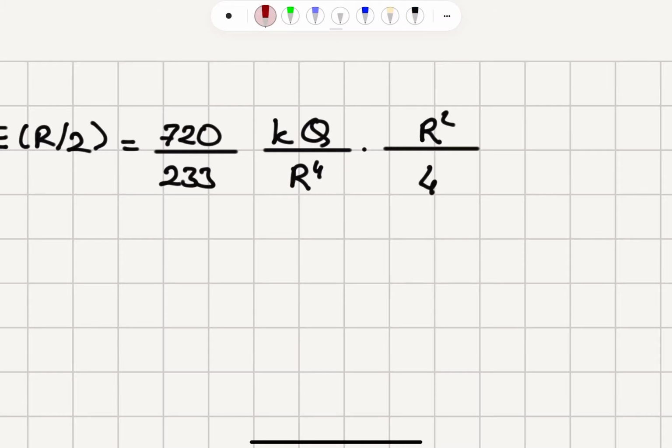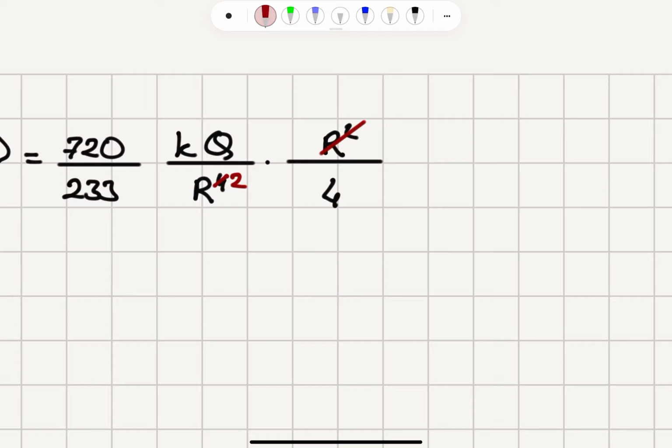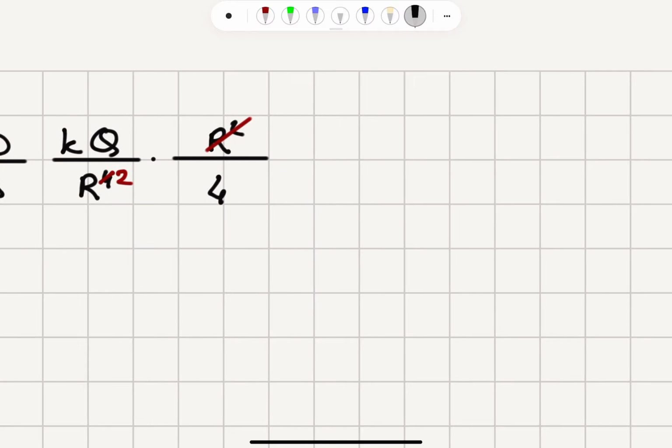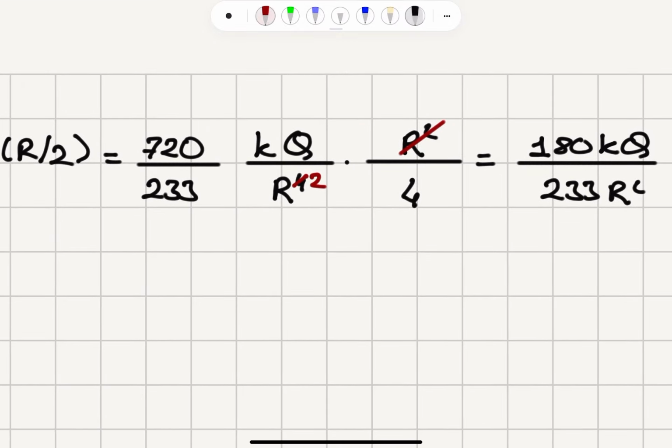So capital R squared will cancel, leaving capital R squared at the bottom. I obtain my answer to be 180 kQ divided by 233 capital R squared.